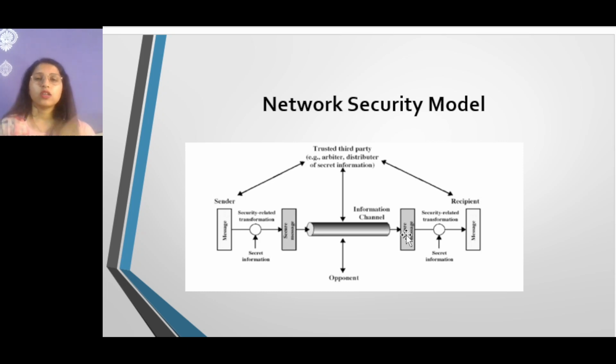So in short, a network security model will consist of a sender and receiver. It will transform whatever message there is into a secure message, which is then transferred across the information channel, and the receiver will take the message, decrypt it, and it will be interpreted. So across the channel you are going to protect your data.